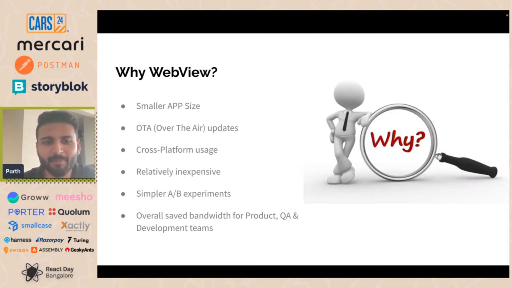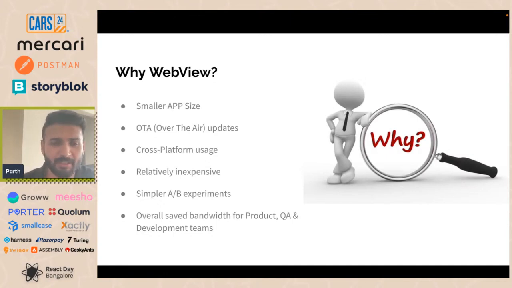At the same time, if you are building multiple screens in web view, it would definitely help you retain smaller application sizes as well. These are certain benefits which I do not see in any other framework out there.